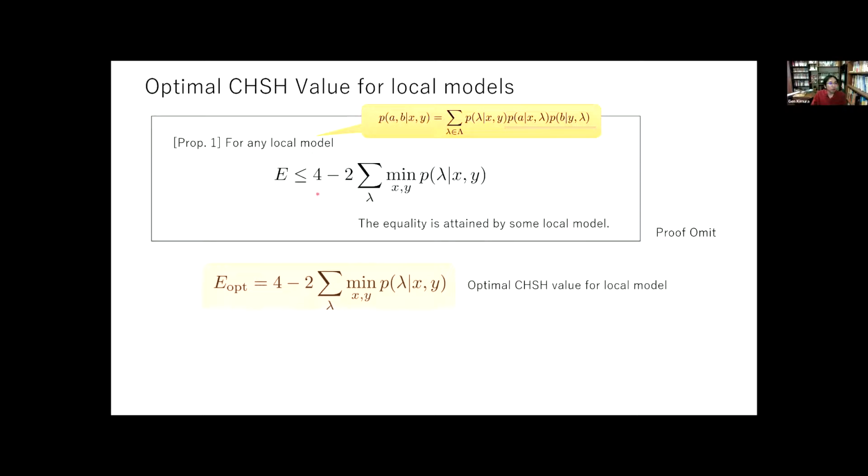And because this inequality is tight, we can interpret the right-hand side as the optimal CHSH quantity amongst the local models. If you recall the definition of measurement dependence, you see it only includes the probability of lambda given the measurement context, and this makes the problem quite simple, because we can focus only on this probability.